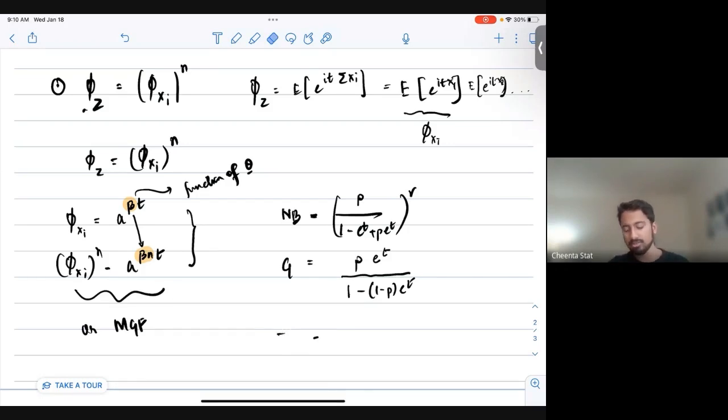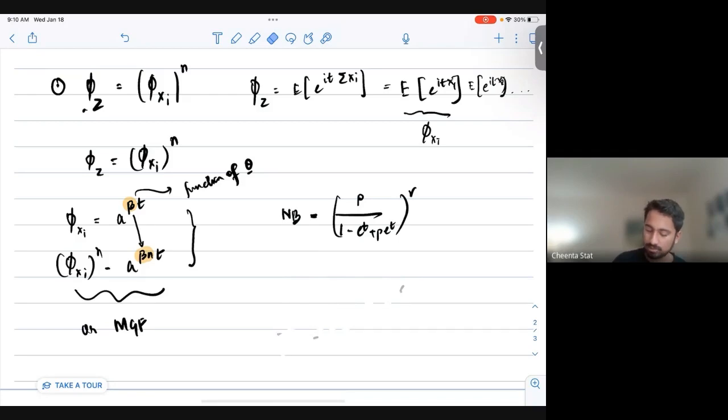I personally think it will be the negative binomial, because you can see that if you do whole to the power n, it becomes this, which is nothing but the negative binomial.